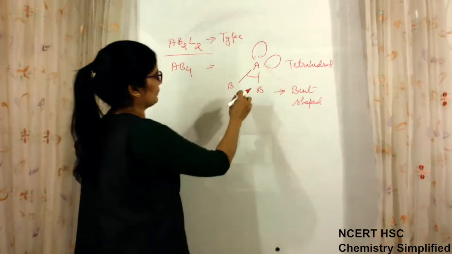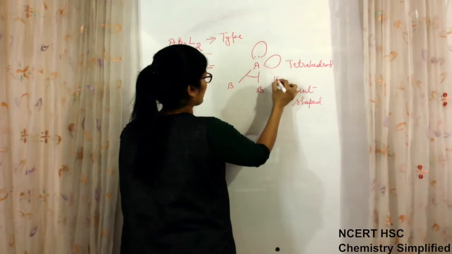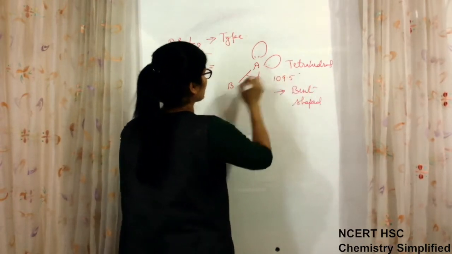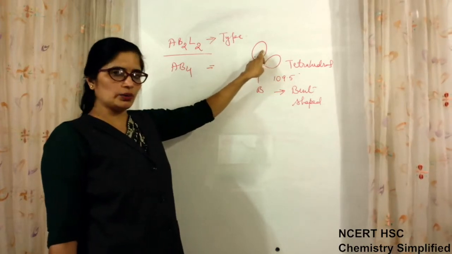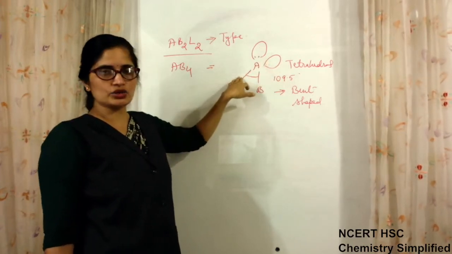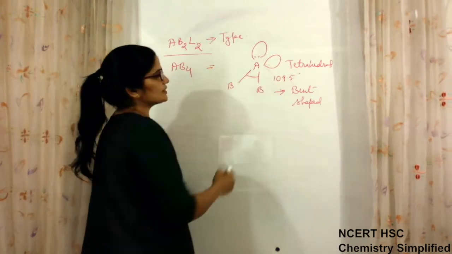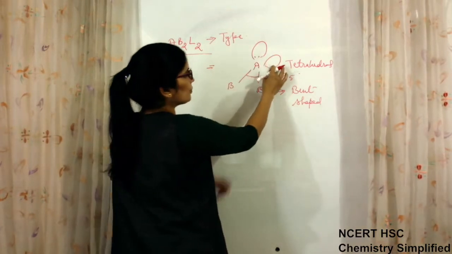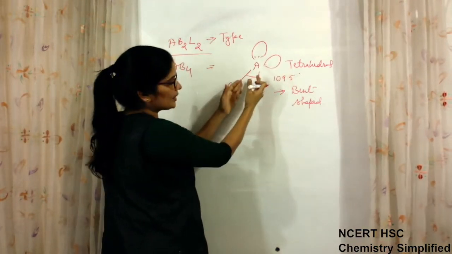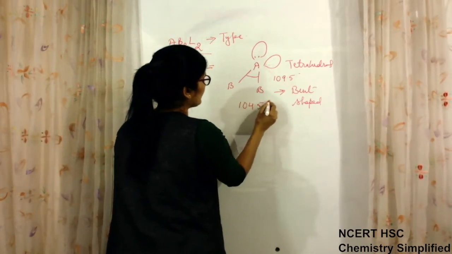When it was tetrahedral structure, the bond angle was 109.5 degrees. When there was only one lone pair and three bond pairs, in case of NH3 we had seen the bond angle reduced to 107. But now because of two lone pairs, more repulsion, so this angle will reduce further and become 104.5 degrees.